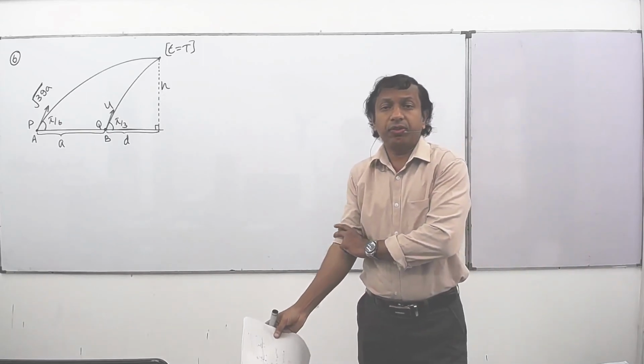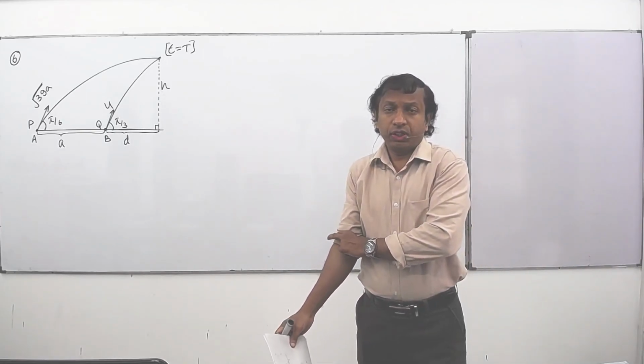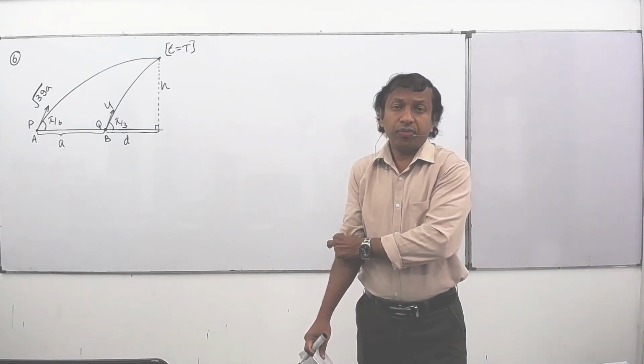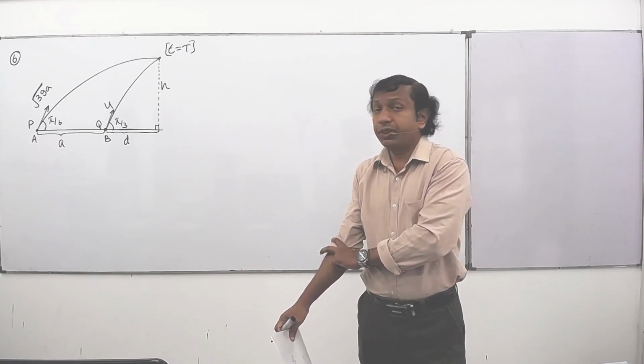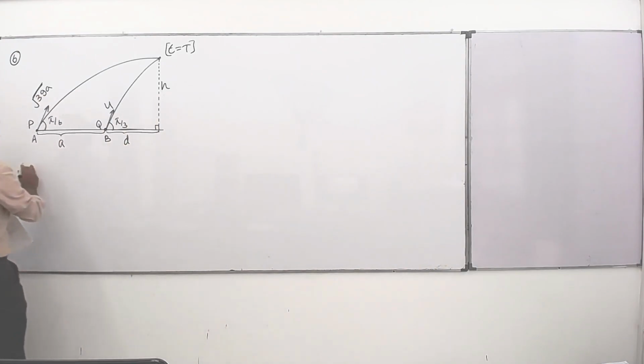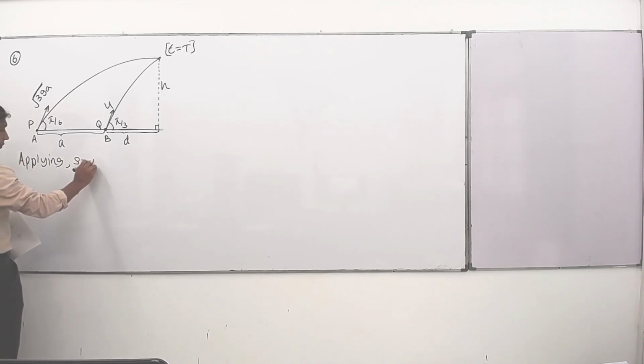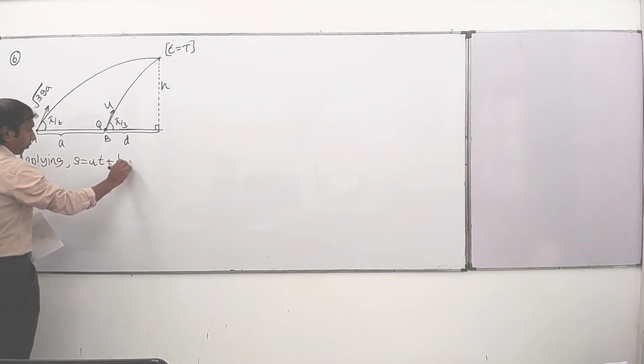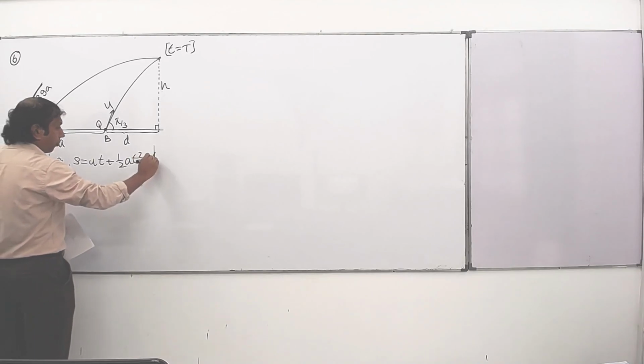During the same time interval, both particles P and Q have moved the same vertical displacement h, right? And then we can write S equals ut plus half at squared upwards like this.